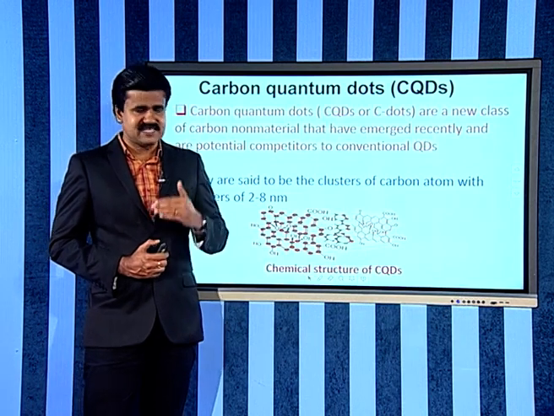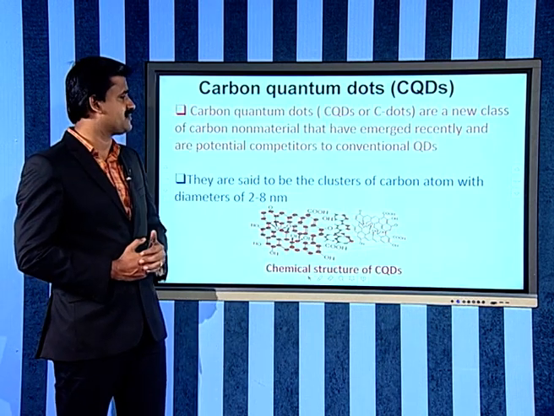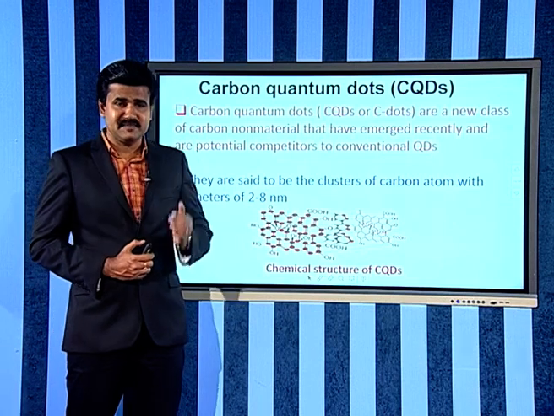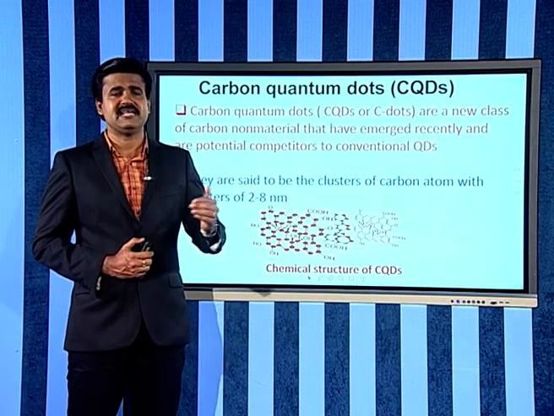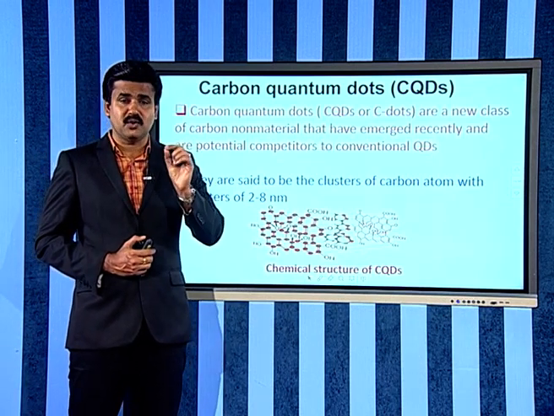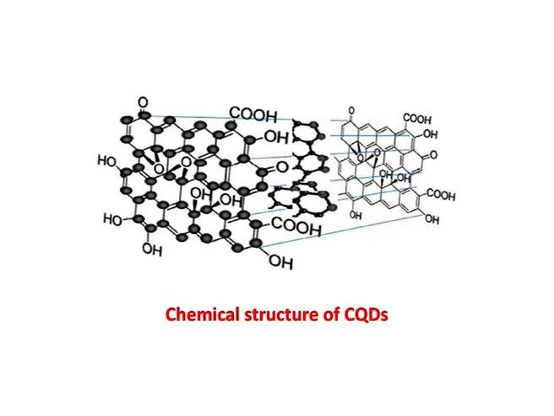They are said to be clusters of carbon atoms with a diameter of 2 to 8 nanometers. They are almost small nanoparticles. The diameter is in the range of 2 to 8 nanometers only. The picture shows the chemical structure of a carbon quantum dot.